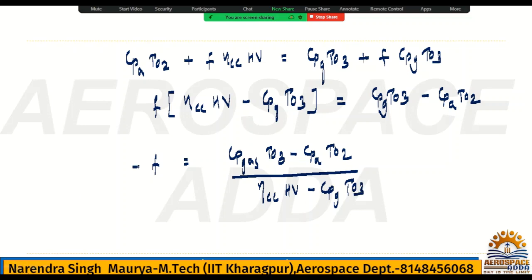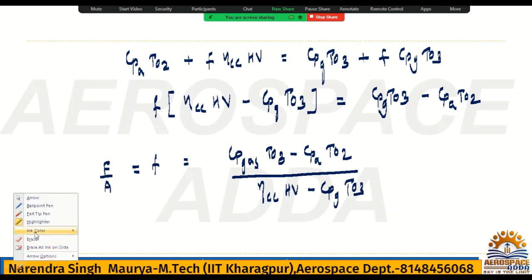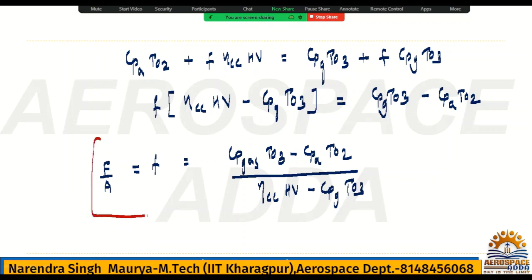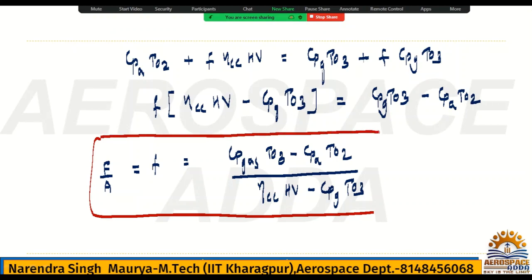This is what? Fuel to air ratio. Okay, this is the fuel to air ratio. Done. So this is the final fuel to air ratio for the combustion chamber.